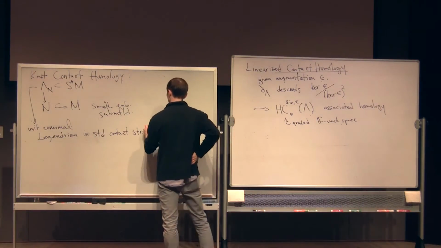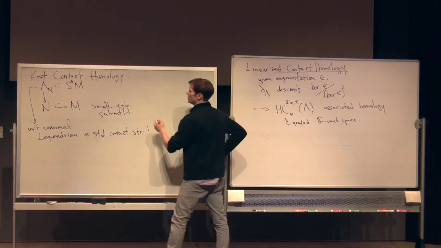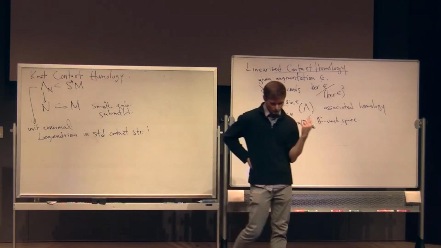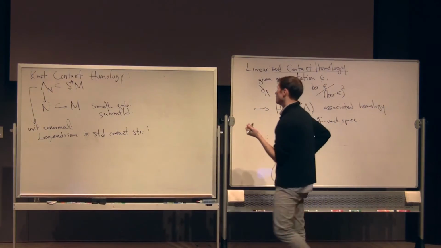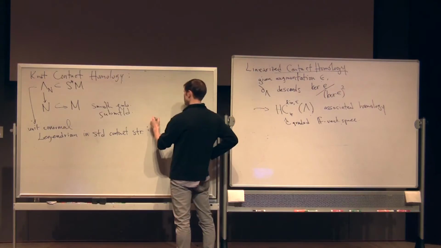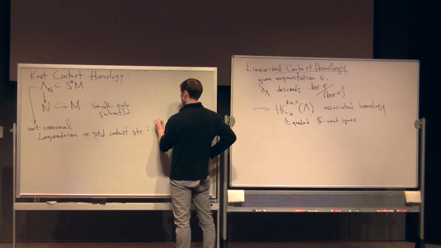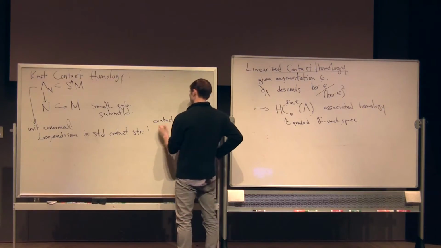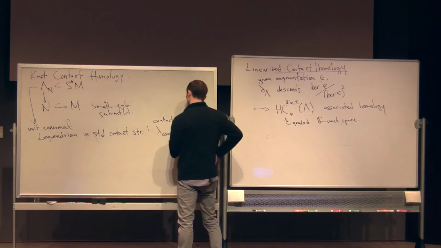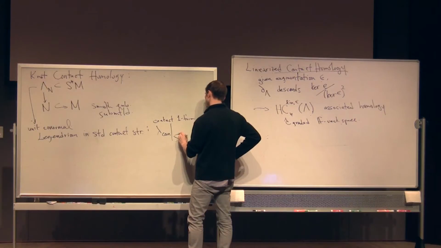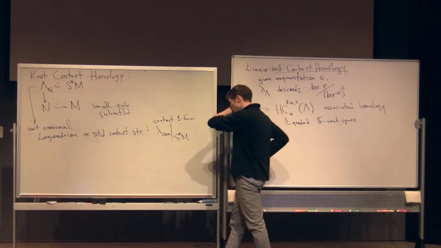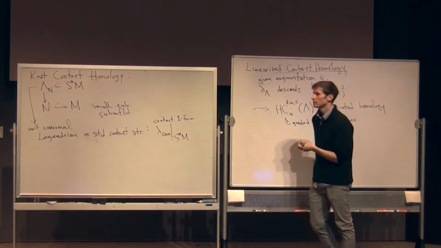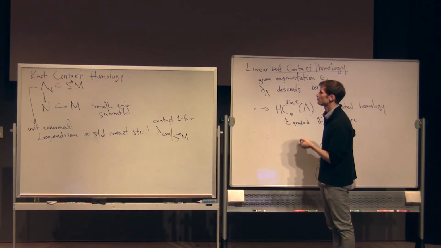By which I mean, the cotangent bundle has a canonical symplectic structure given by d of the Liouville one-form. And so I look at that one-form restricted to the unit covectors, and this is a contact one-form on the unit cotangent bundle.